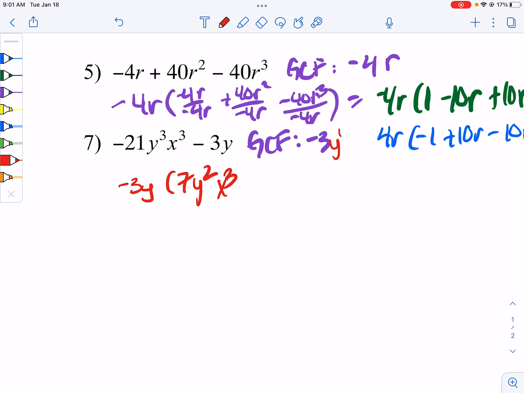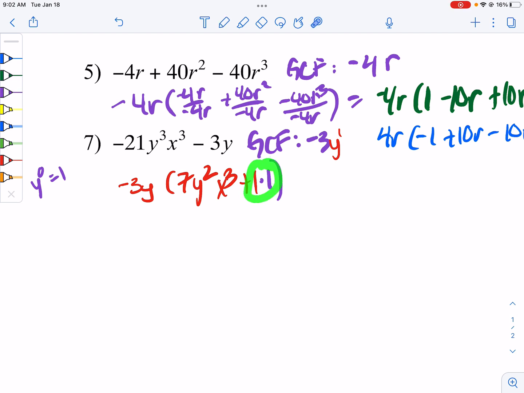So then I take my next term and I'm going to do -3y divided by a -3y, which leaves me with -3 divided by -3, which is a +1. Y divided by y, you subtract the exponents, so that's y to the 0. Anything to the 0 power is really 1, so this is really times by a 1, which doesn't change the value.